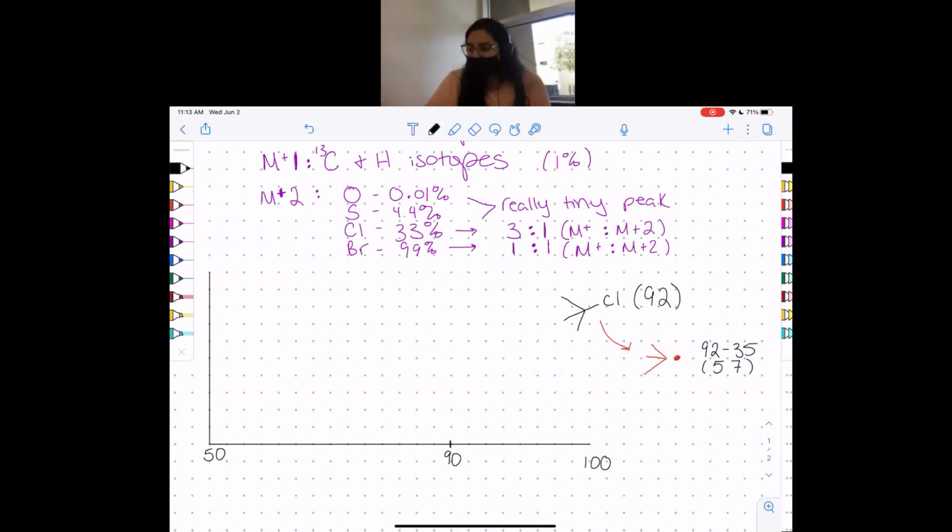So at 57 units, let's say this is 91, 92, 93. And I'm going to change this around because how I did the scale made no sense. So now instead of going 70 to 100, we're doing 50 to 95. Sorry if that caused any confusion.